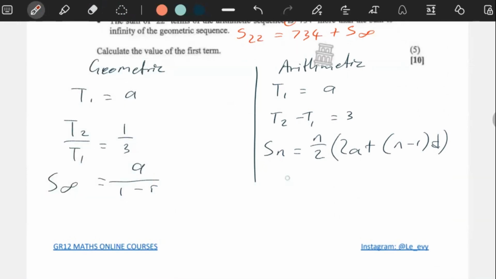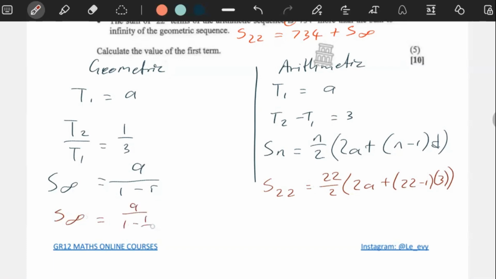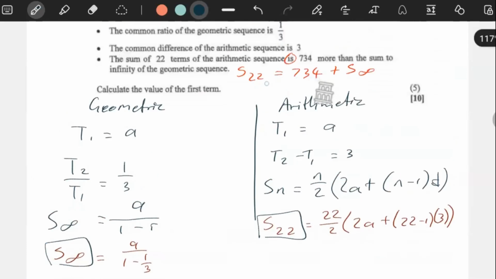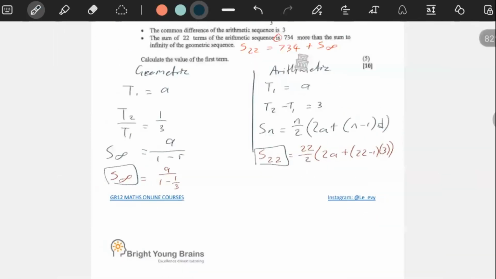So S22 first: S22 would be 22 over 2, 2 times a, and then 22 minus 1, and your common difference, this is where you need to be careful, it's just the 3. The sum to infinity in our situation, a we know is just a, and our r is a third. So we have S22 and the sum to infinity.